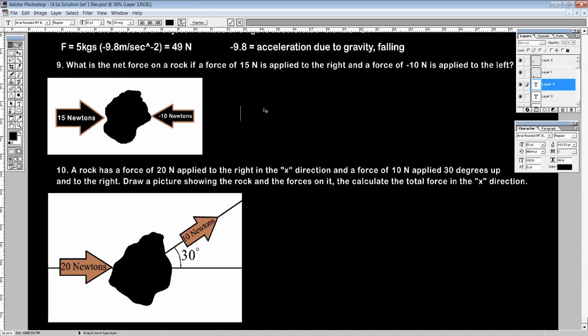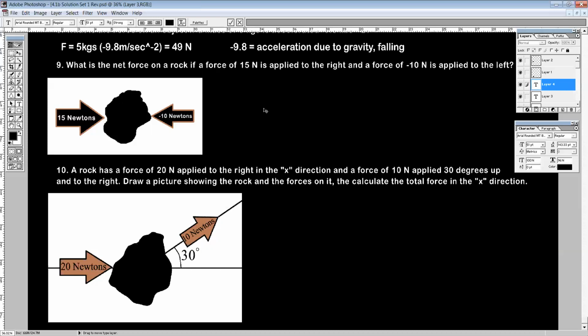Okay, so we have a rock here. We have a rock that's being pushed with a force on the left-hand side of 15 newtons. It's a force of 15 newtons to the right. And on the opposite side, in the opposite direction, we have a force of 10 newtons to the left.